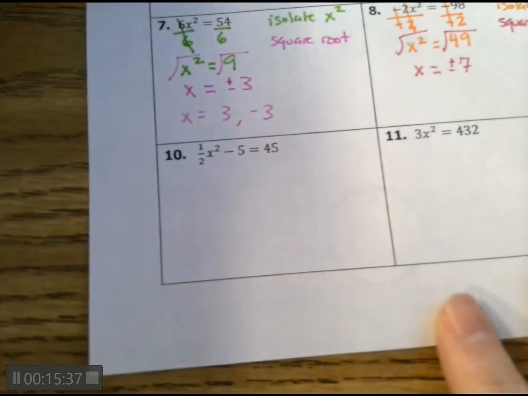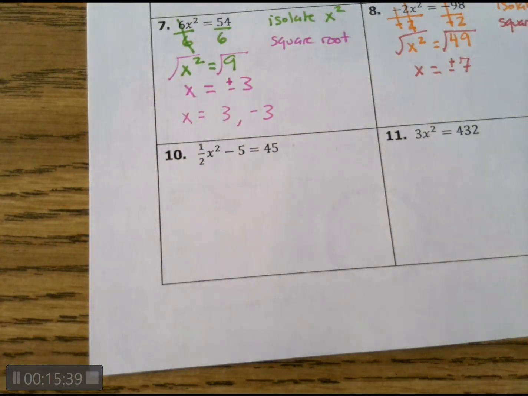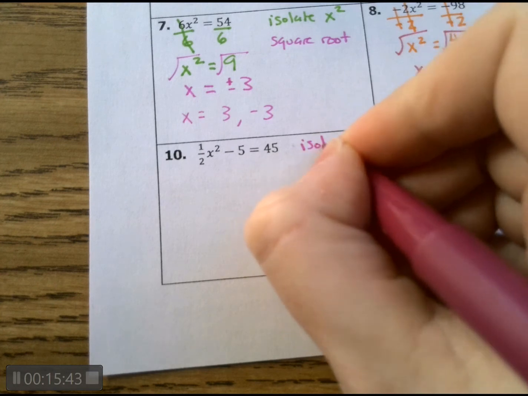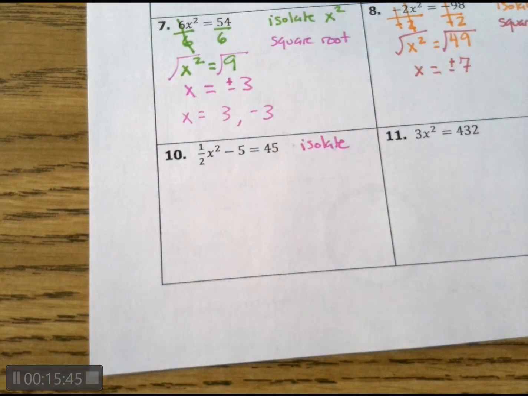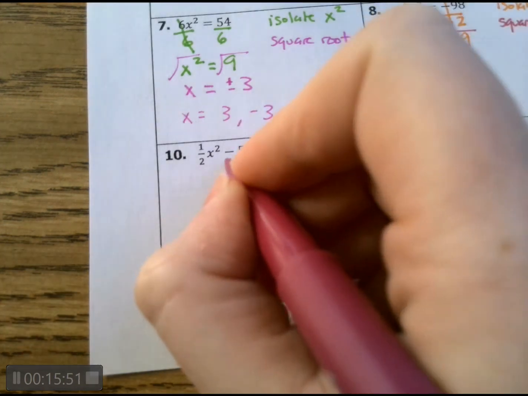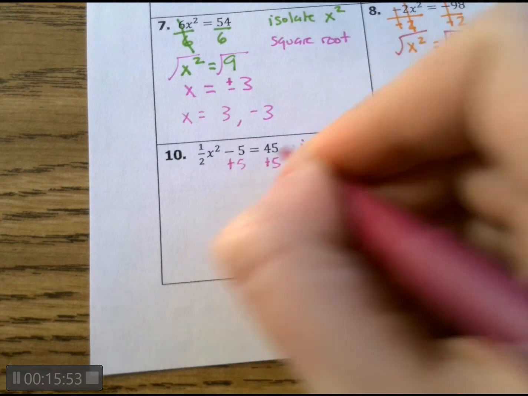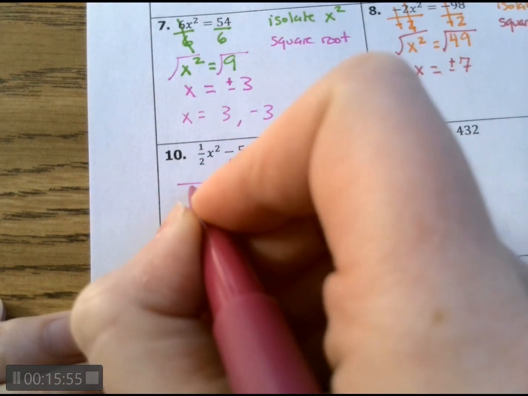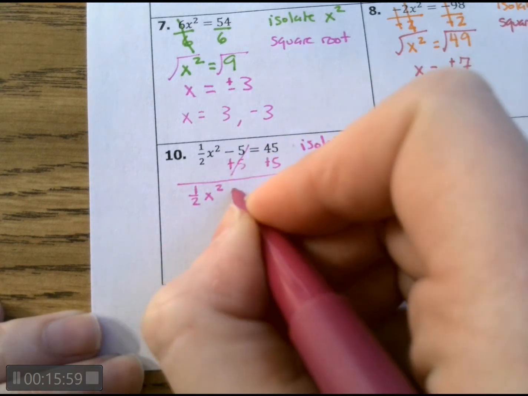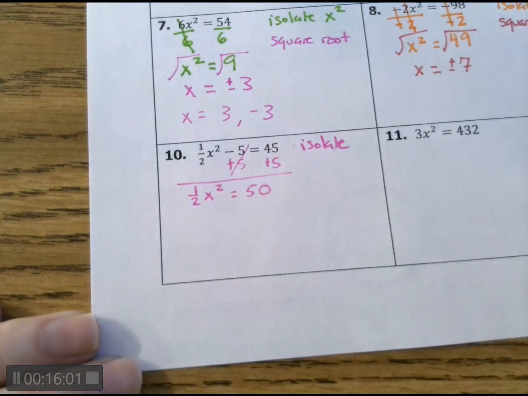Number 10 has 2 steps that we need to do. Okay, so we still need to isolate that x squared, but we got to do 2 things. What's the first thing we got to do? We need to add that 5. So we get 1/2 x squared, that cancels, equals 50.